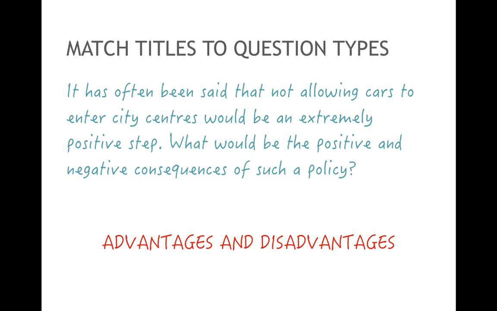So again, when you answer these questions, you can actually use these synonyms in your introduction paragraph, because the more synonyms you use to paraphrase the question, the better your score gets. So in this case, instead of repeating the words from the question saying there are many positive and negative consequences of such a policy, you could say there are many advantages and disadvantages of this policy, or you can say there are many benefits and drawbacks of this policy.